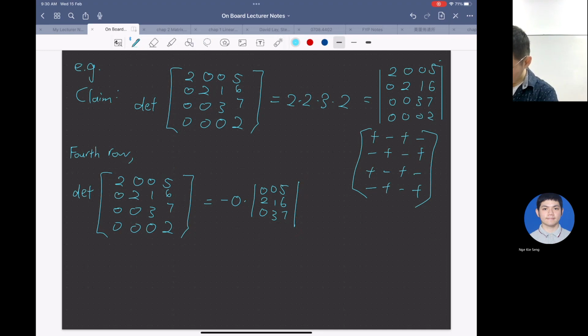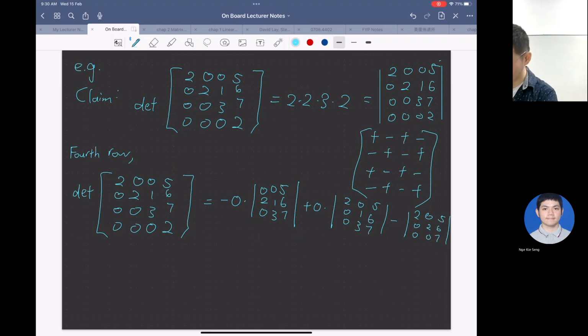Then you will see that the first 3 terms are multiplied by 0. Multiplied by 0, we are happy because we don't need to calculate. It's just 0. So you can see that all these vanish.